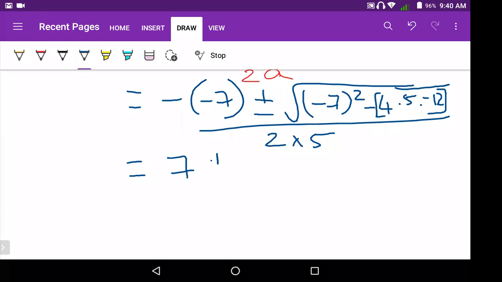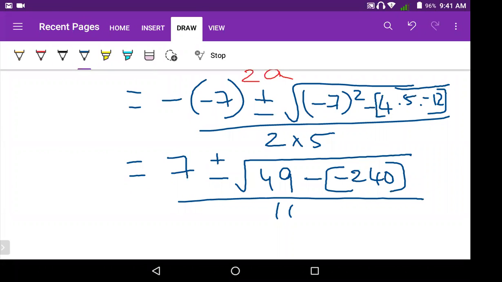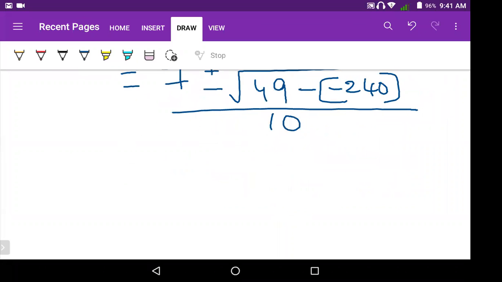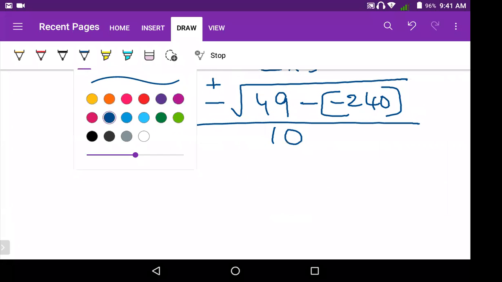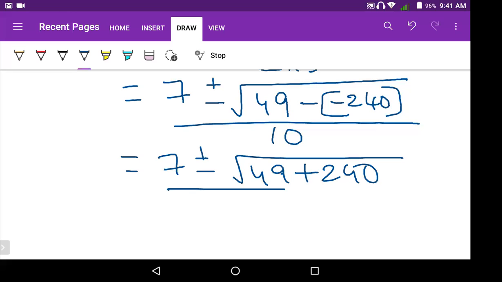Now minus into minus is plus. So 7 plus or minus square root of minus 7 square is 7 sevens are 49. And then after that, what do we get? Minus into 4 into 5 into 12 will give me minus 240, divided by 5 twos are 10. Okay. Now next step is equal to 7 plus or minus square root of 49 plus 240 divided by 10.